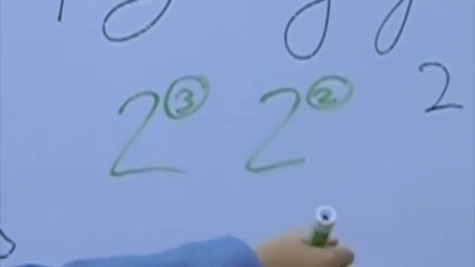I don't care. 2 to the power of 3 has a special name: 2 cubed. And then you have 2 to the power of 2, which is 2 squared.